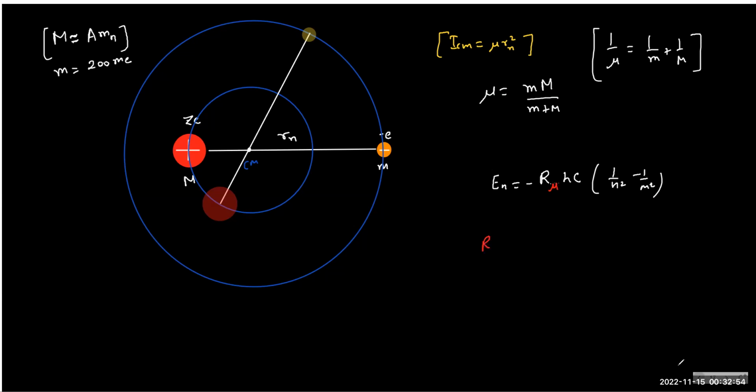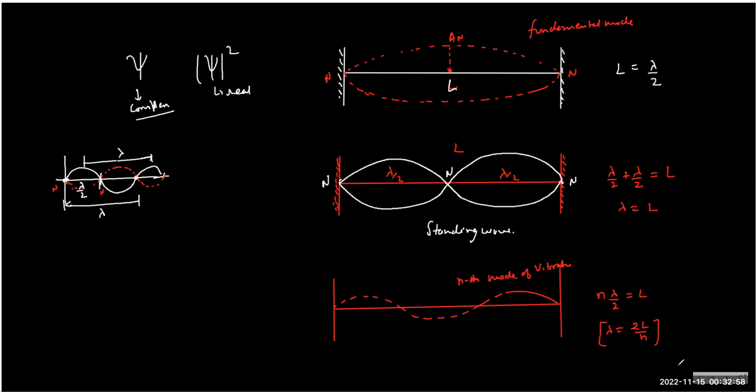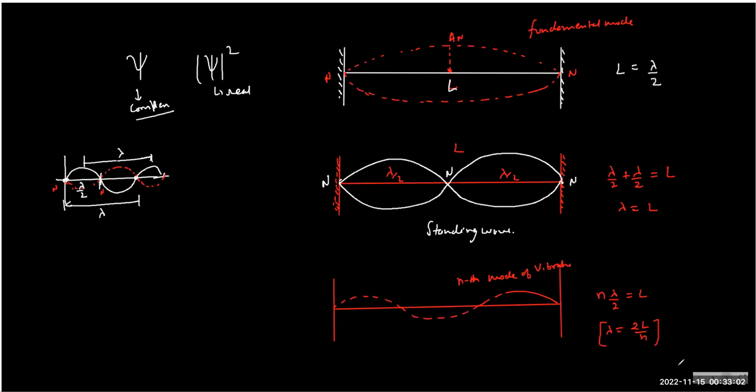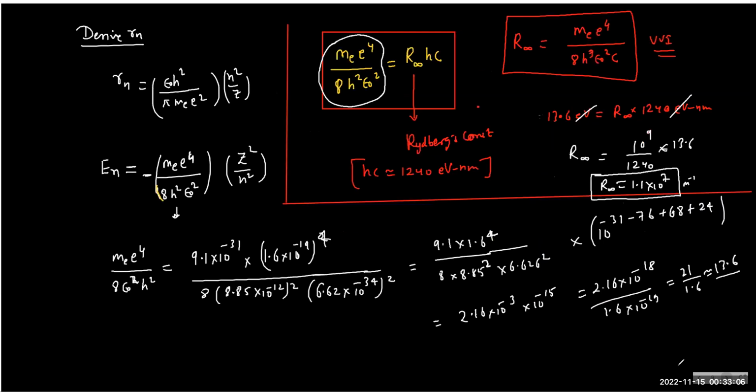If you remember the Rydberg formula which I derived somewhere, I said very, very important. Do you see that R is proportional to m? Basically, R is proportional to mass only.